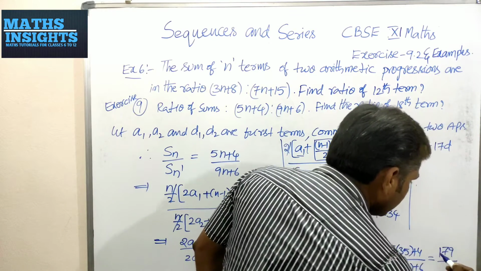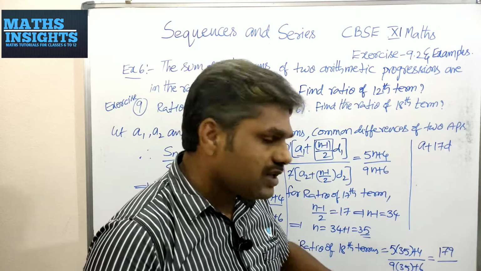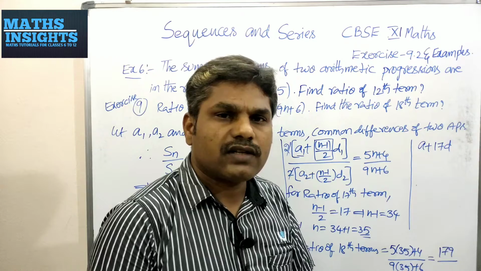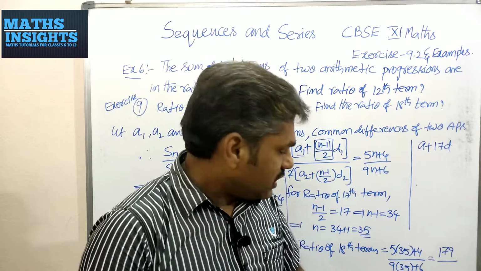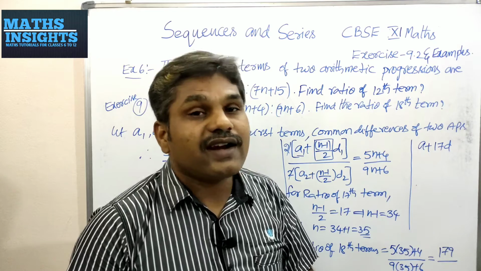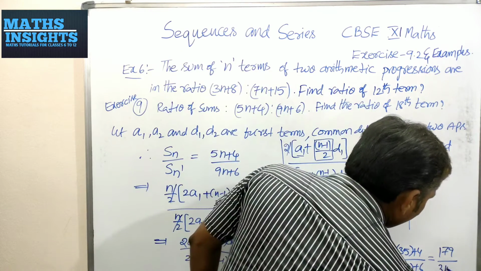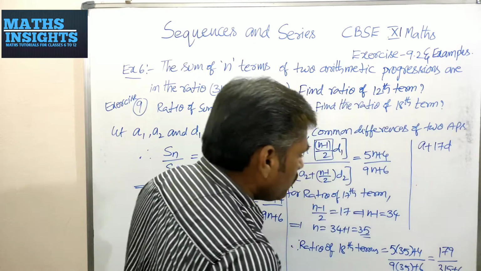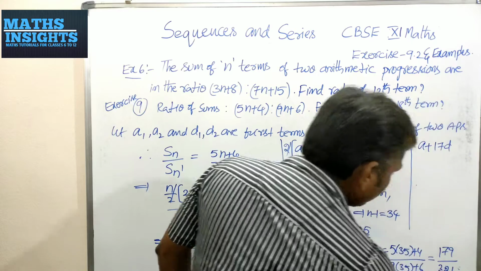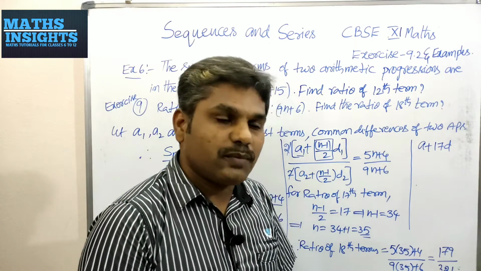This is 179. This is 9 into 35: 9 3s are 27, 270, 9 5s are 45. 270 + 45 is 315. 315 + 6 will become 321. This is the ratio of the 18th terms of the 2 APs.